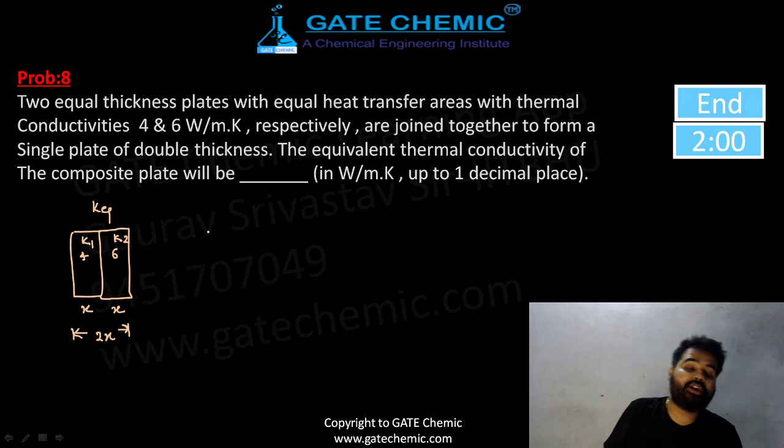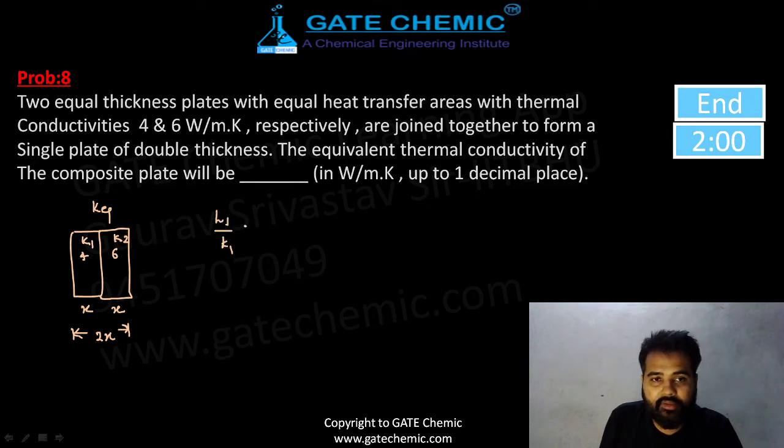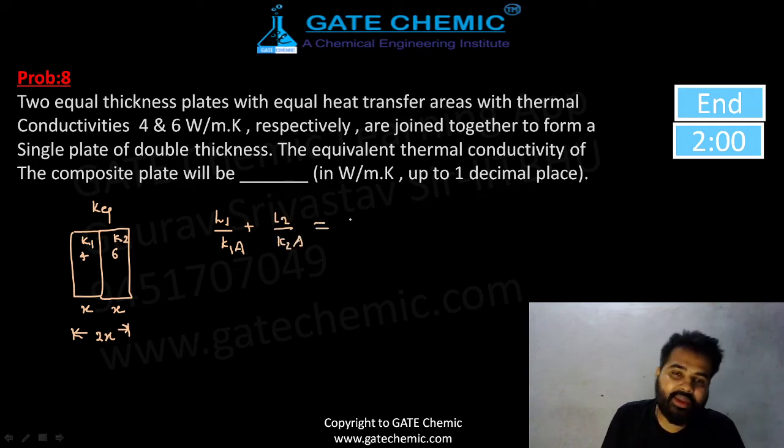Here beta, you know that the sum of all resistances can be written as L1 by K1A plus L2 by K2A, and to make it equivalent to one single composite wall, the resistance is L3 upon K equivalent A. A cancelled.